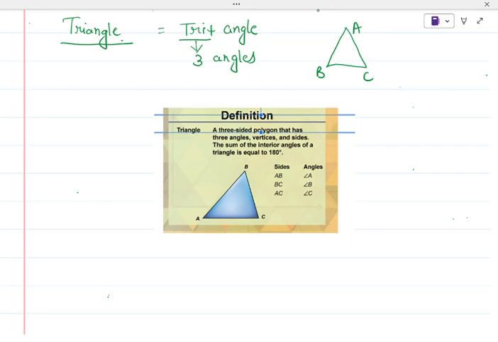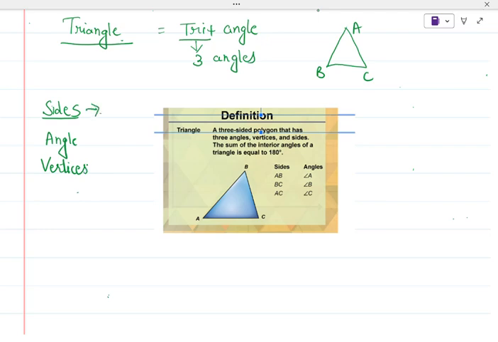And we have three angles: angle A, angle B, and angle C. So we have three sides and three angles. We also have three corners, and we call these three corners vertices. So we have three things: sides, angles and vertices.